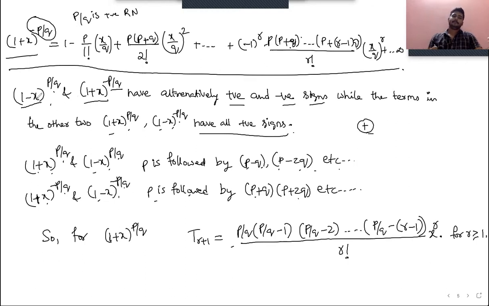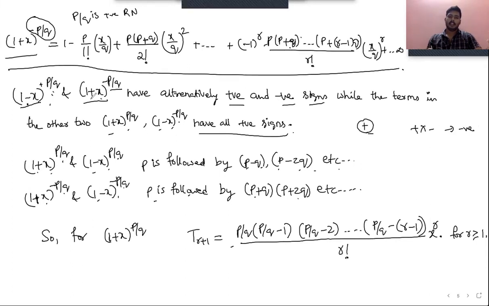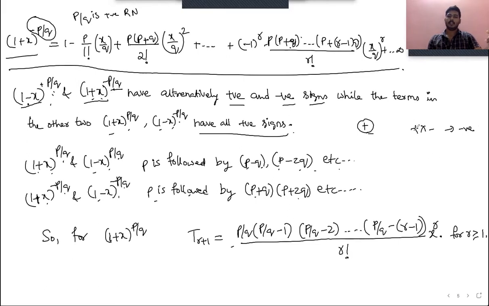If you see, x has a negative sign and p by q has a positive sign, so positive into negative will be negative, right? Here also x has positive sign, p by q has negative sign, same, positive into negative will be negative. So in both these cases we are getting negative, so they'll have alternatively positive and negative signs.